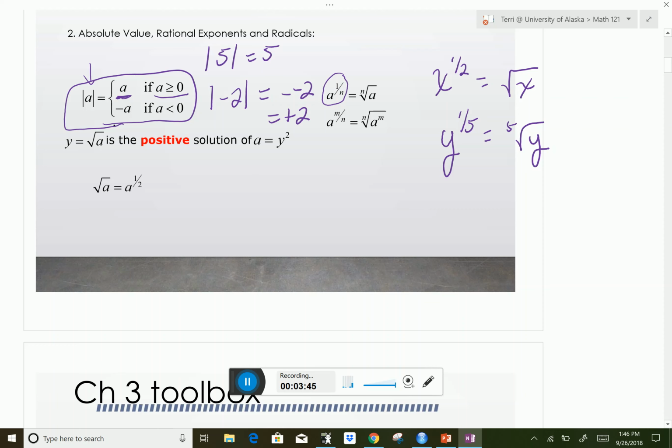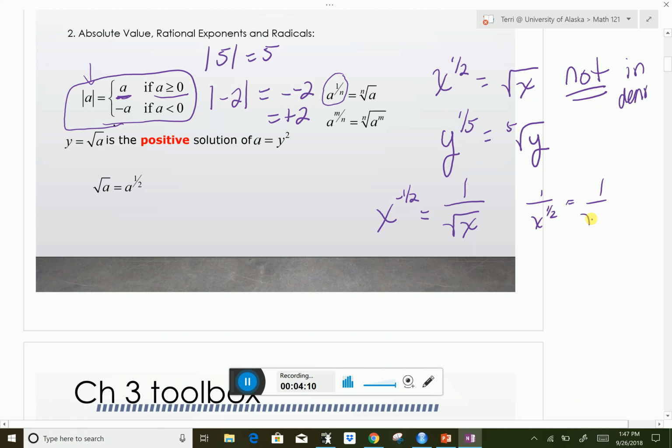It is not in a denominator. However, if I have x to the negative 1/2, what would you suppose that is? I want you to think about that for a second. I'll wait. Okay, I hope you thought about it, because that's 1 over the square root of x.